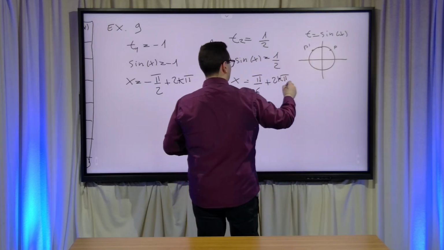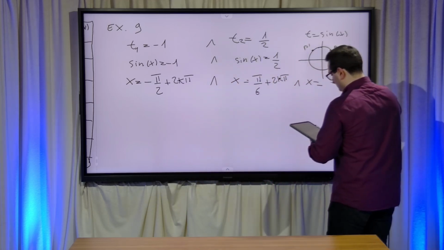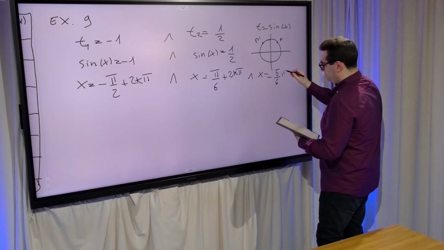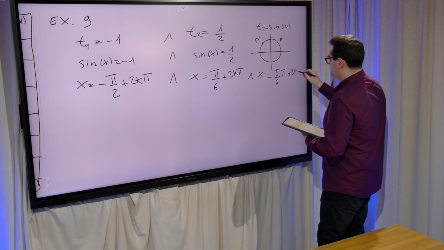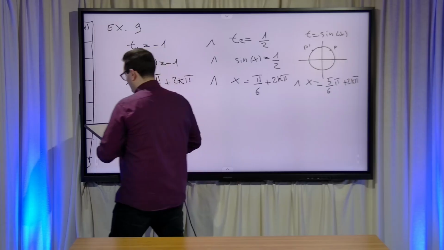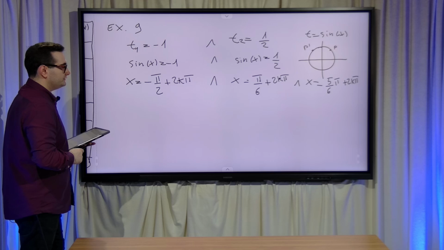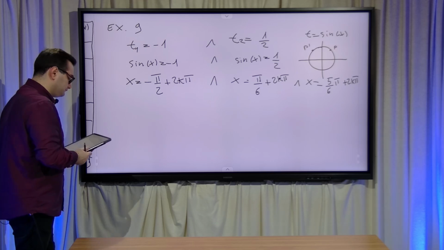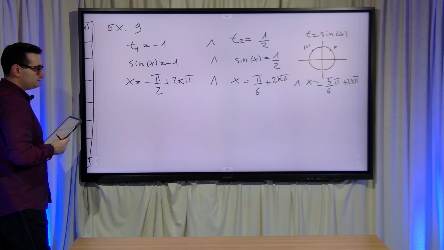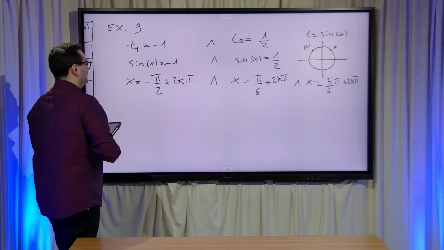So I have to consider also x as 5 over 6 pi. So here I have the solutions of the equation. Okay, let's move on.